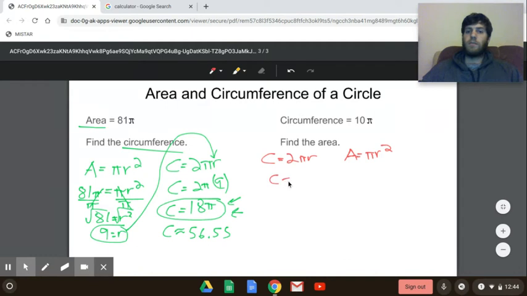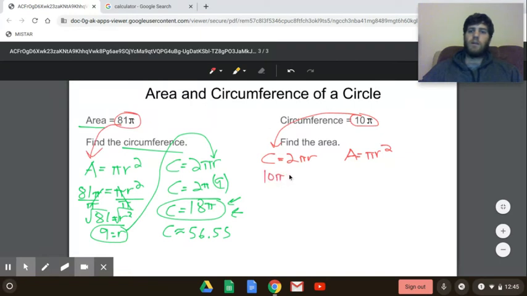So circumference equals 2 pi r, and they give us the circumference. So our circumference is 10 pi, right? This is how we got the 81 pi here, right? We substitute this in for area. So now we're substituting in 10 pi for the circumference.